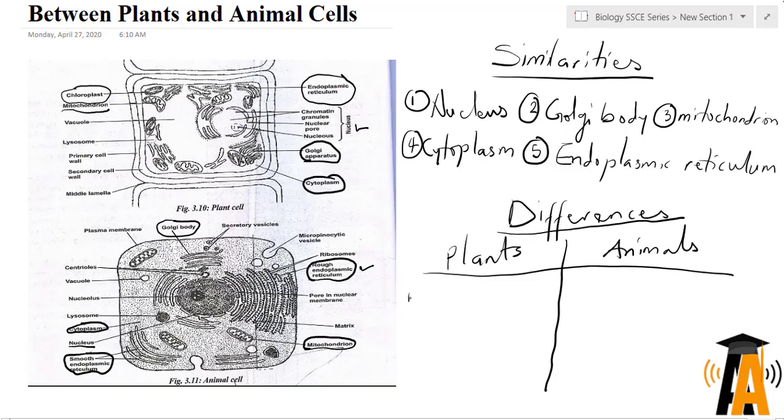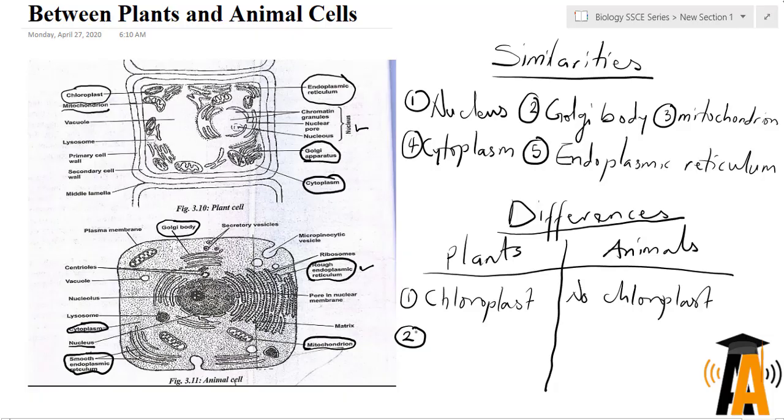So point number 1 is chloroplast, while this has no chloroplast. So you can tell, under plants, presence of chloroplast, animals, absence of chloroplast. Now this chloroplast is what contains chlorophyll, the green pigment in plants that enables them to manufacture their own food. And as you know, animals cannot manufacture their own food, because they lack this chloroplast.